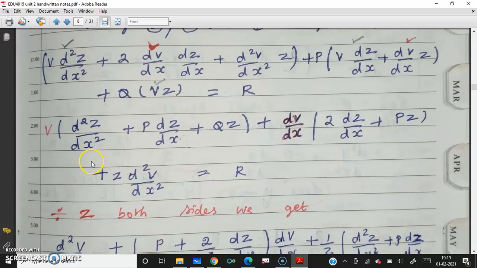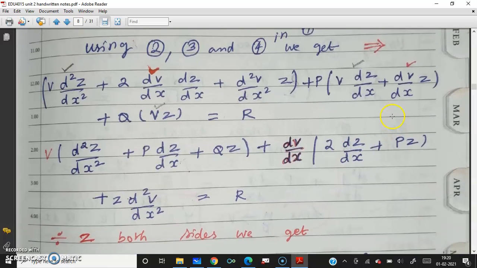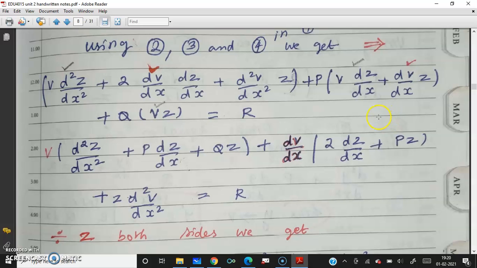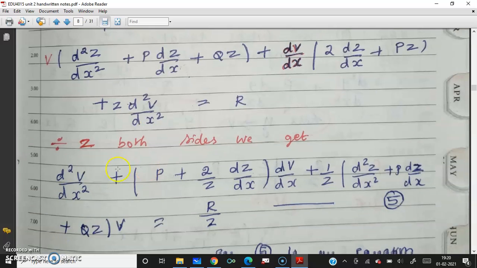Here we can collect all the v together. So v times d square z by dx square plus p dz by dx plus qz, plus dv by dx terms taken together, that is 2 dz by dx plus p z. So the term which is left is z d square v by dx square equal to r.